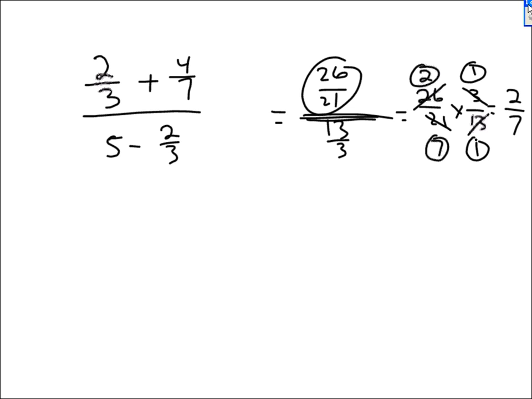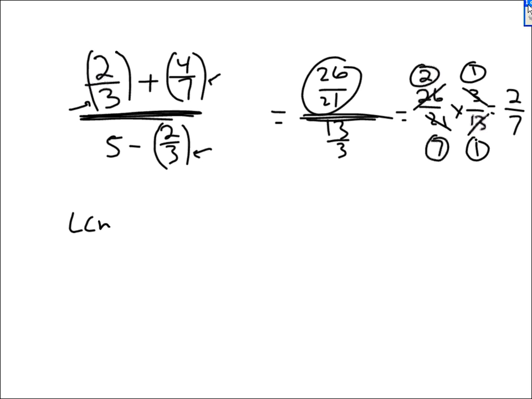What you can do is, in the numerator, you have denominators like 3 and 7. And in the denominator, you have denominators. So what you want is the LCD. That is, you want the LCM of the 3, the 7, and the 3, which is the same, coincidentally, as the LCM of 3 and 7.